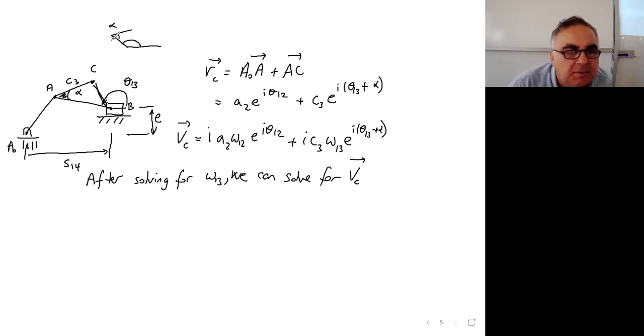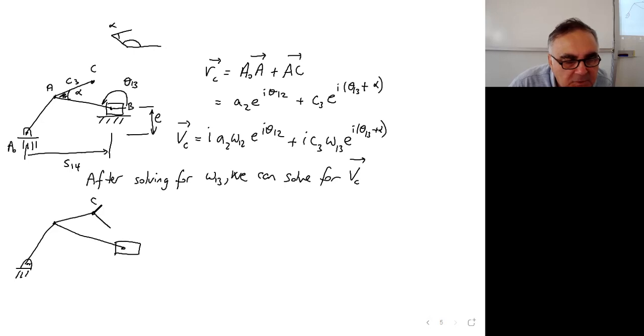Another possibility is, for example, you can use some other approach. Let me draw it here. Let's use the C also. Here, for example, this is theta 1 2.